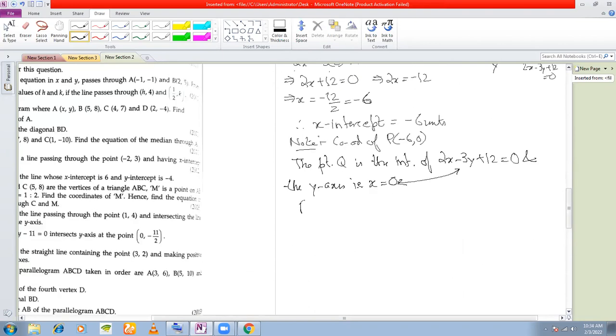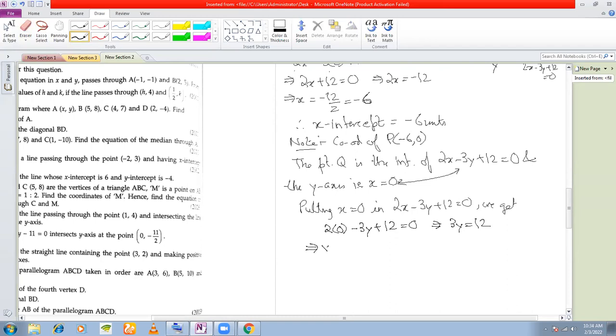How do you solve? Putting x is equal to 0 in 2x minus 3y plus 12 is equal to 0, we get 2 into 0 minus 3y plus 12 is equal to 0. Find out the value of y from here. We have 3y is equal to 12.